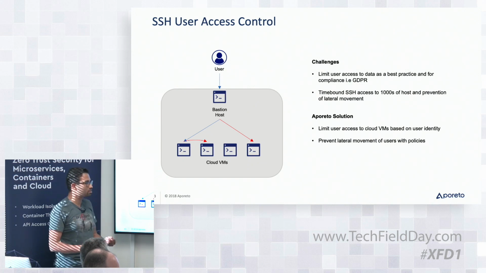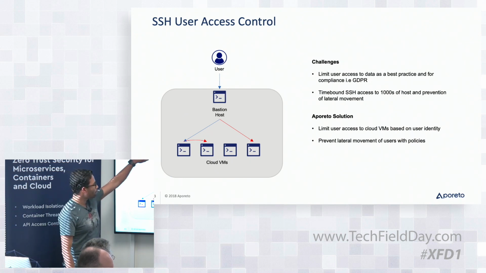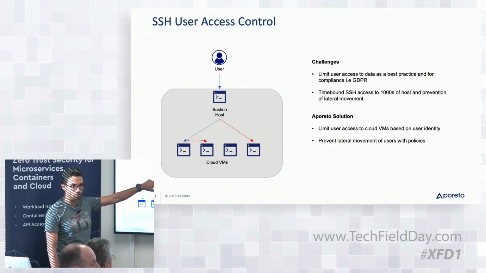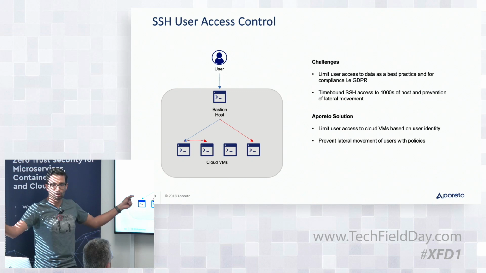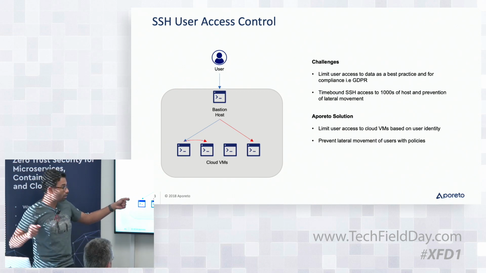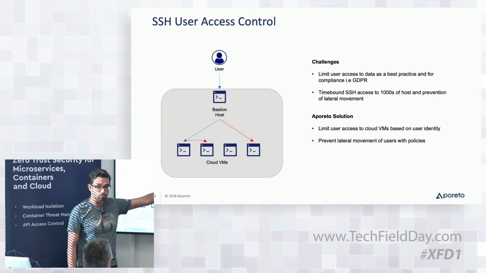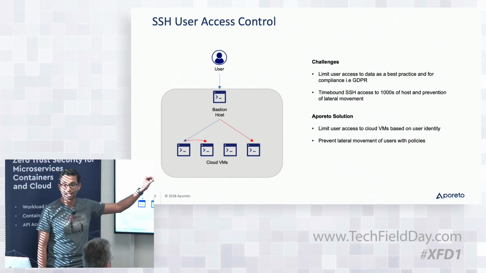What you want to do is limit user access to this host infrastructure, and prevent things like lateral movement. So a user SSHs into a Bastion host. From that Bastion host, should that user have access to all of your infrastructure, all of your hosts? No, they shouldn't. They should be governed by specific compliance and the specific times that they need access for.